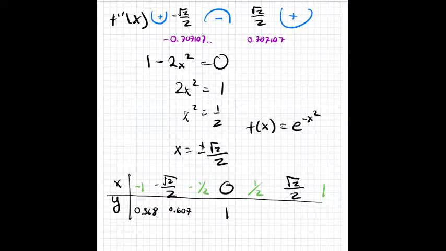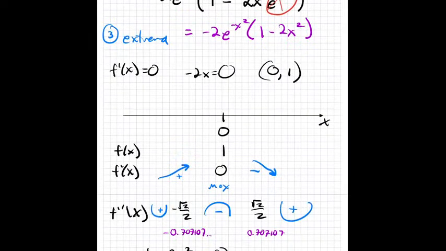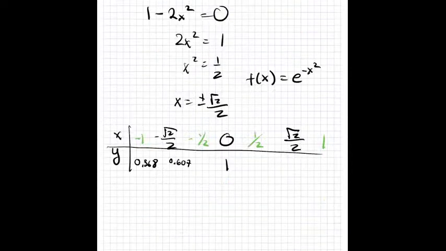We said that's a local max? Okay, let's see what we'll do with negative 1/2. Yep, this is adding up. So then we got 0.779.